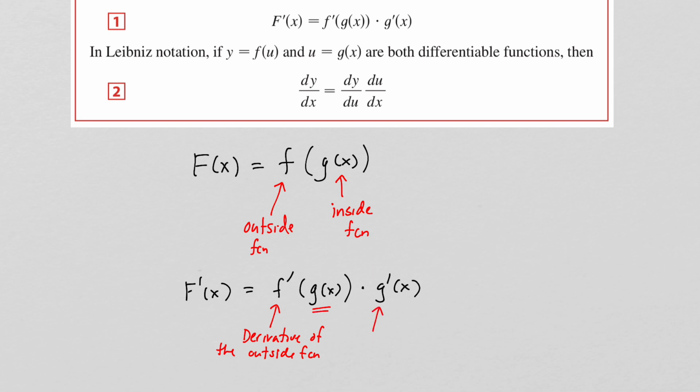And then we're going to multiply that by the derivative of the inside function. So the chain rule, if I want to put it more precisely, is the derivative of the outside function multiplied by the derivative of the inside function. Let's go back to our first example.